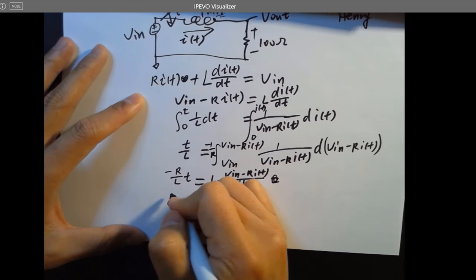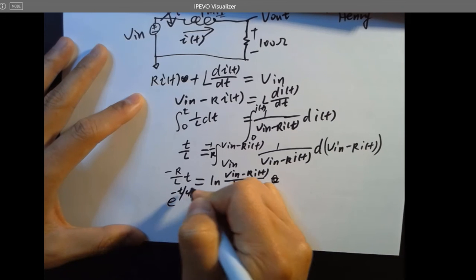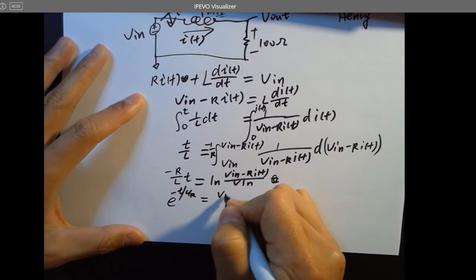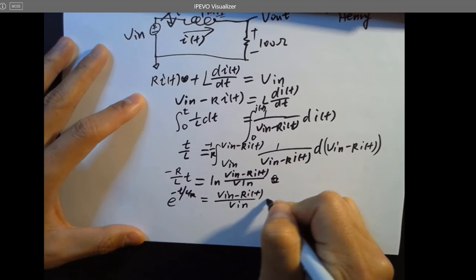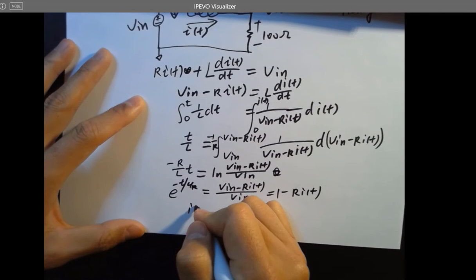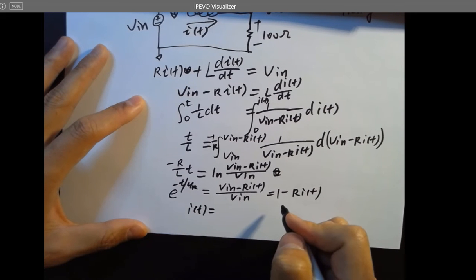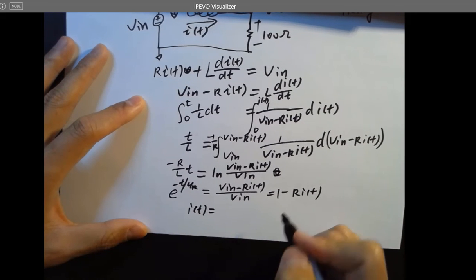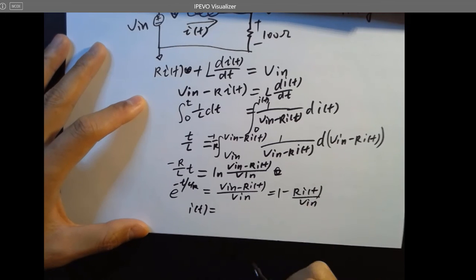Then L over R, which is the time constant, equals to V in minus RI(t) over V in, which is also 1 minus RI(t). So I(t) definitely equals to, you have to forget this part.